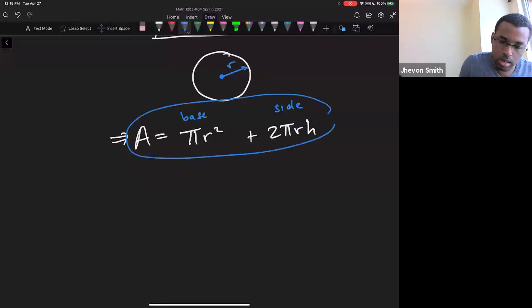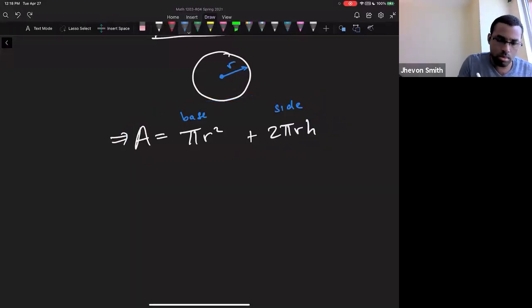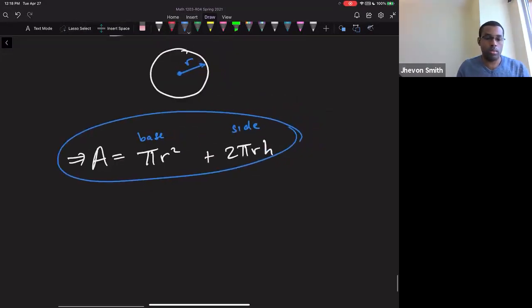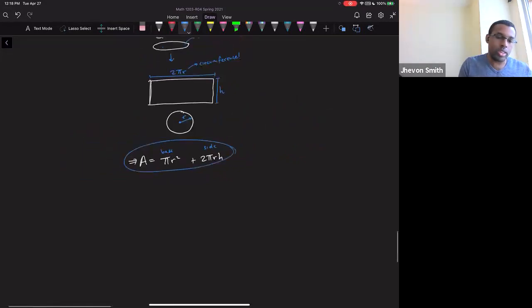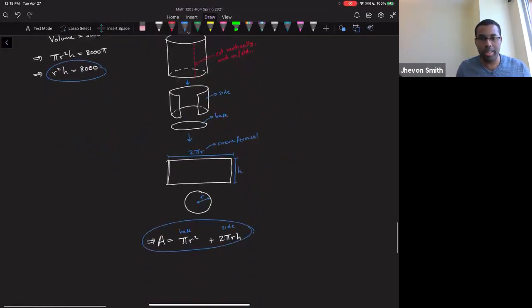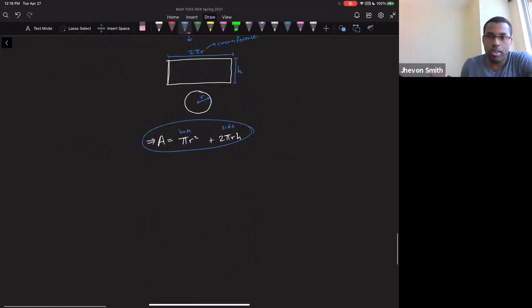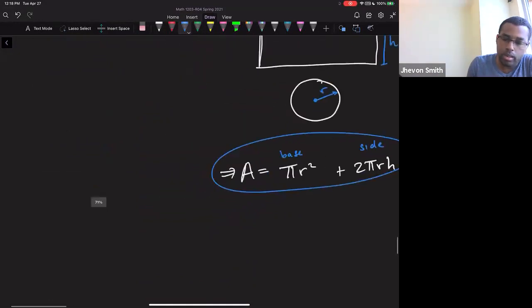And that's our objective equation. Okay. So now you know that trick. You don't have to draw these extra pictures, but I wanted to explain to you where this formula was coming from. You'll just realize, oh, it's going to be a rectangle combined with a circle. And so you can get the area that way.